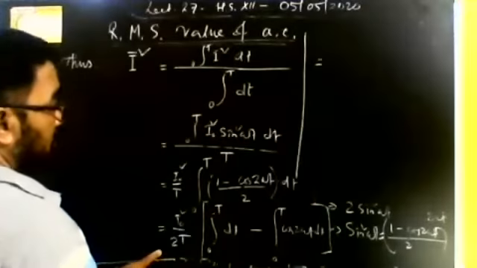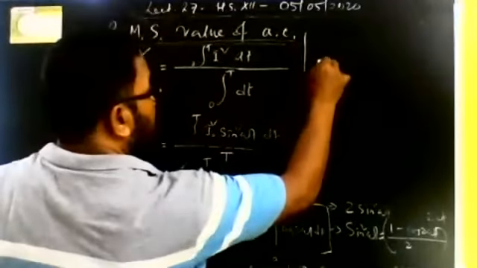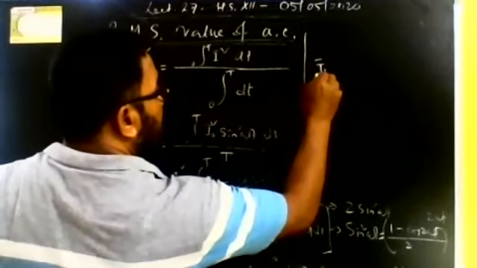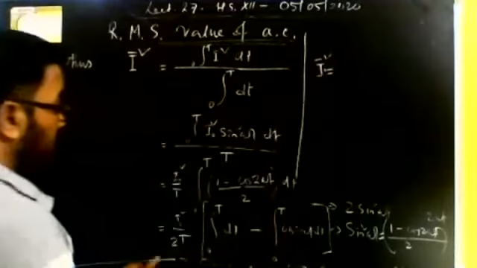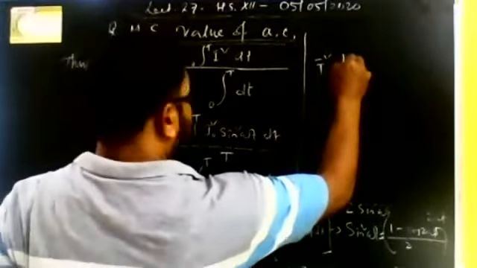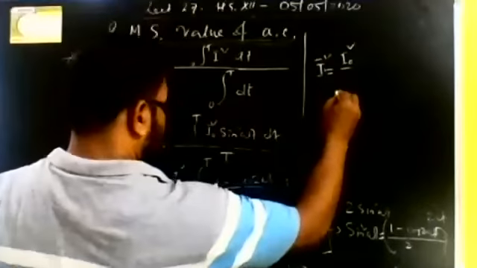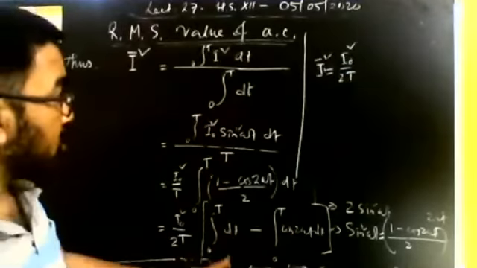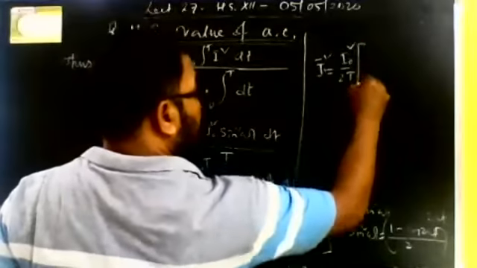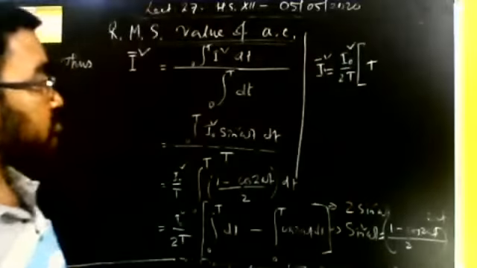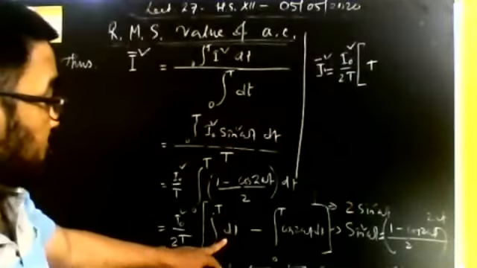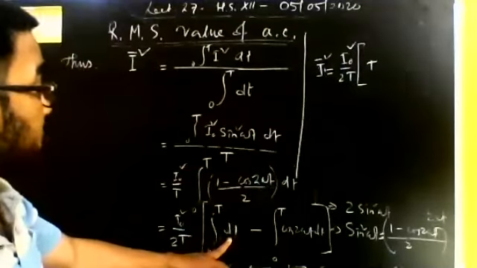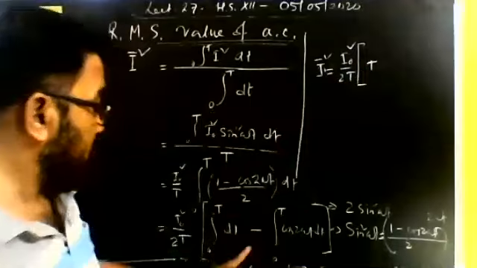You are finding I bar square, which is equal to I naught square by twice T. Right. Now integral of dt from 0 to T is equal to T, and if you put the upper limit capital T, you will get T. Okay, minus.